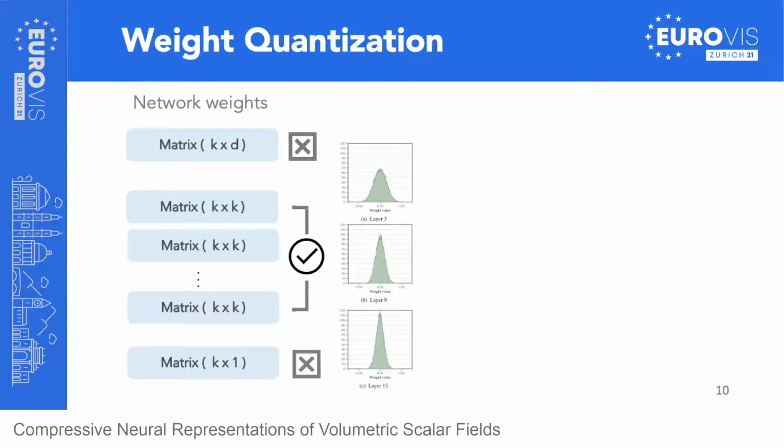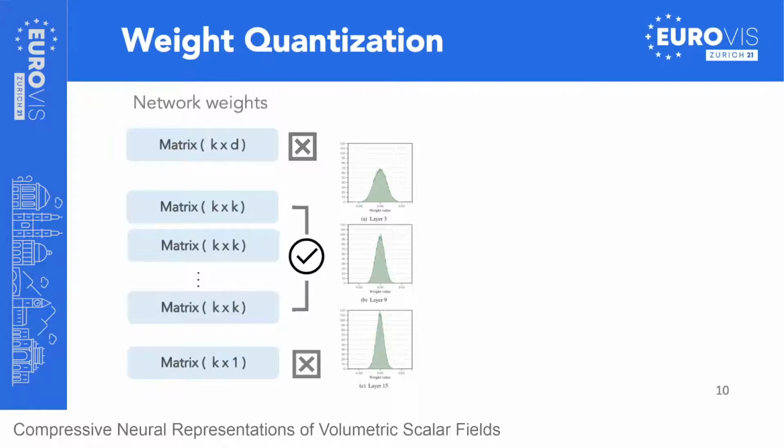Instead, we find that most of the parameters of our network exist in intermediary layers that are parameterized by matrices of shape k by k, and that the distribution of weights in these layers takes on a specific form. Specifically, we find that the distribution of weights in each of these layers takes on approximately a normal distribution with slight variations, thus making them amenable for quantization. Thus, it is these matrices that we quantize.